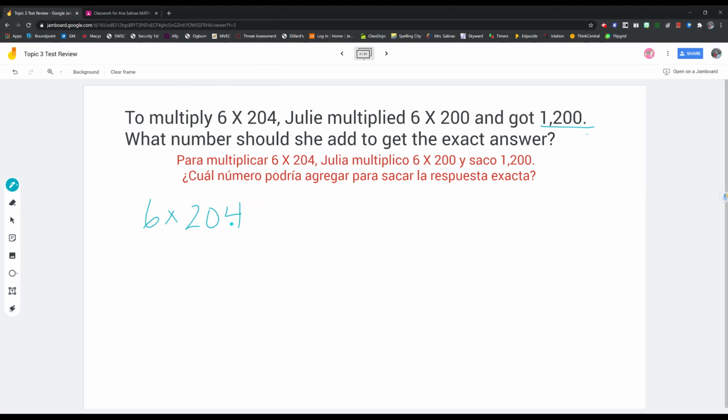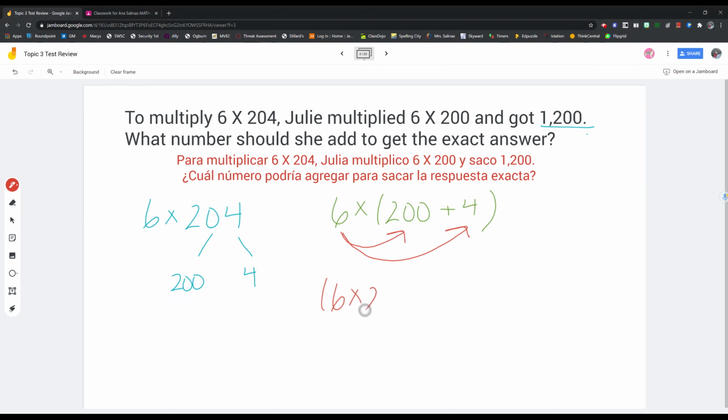She broke apart 204 into 2 numbers. She broke it apart into 200 and 4. So now when I share my outside number, 6 times 200 plus 4, I'm going to share the outside number with each of my inside numbers. So 6 with 200 and 6 with 4.